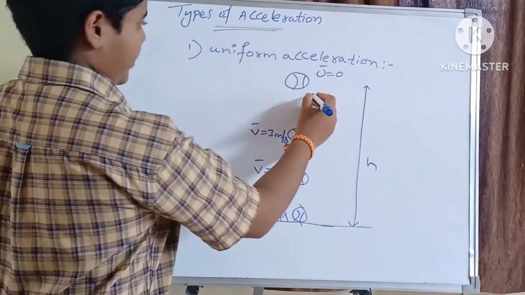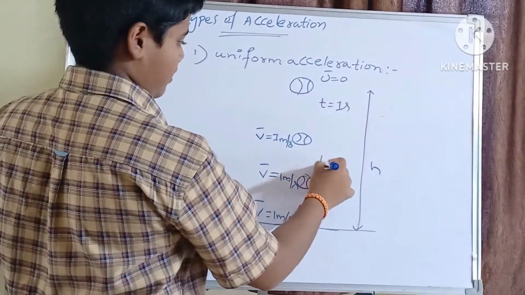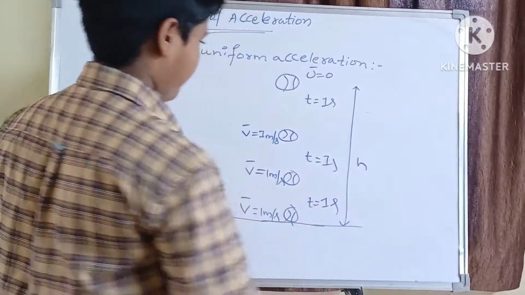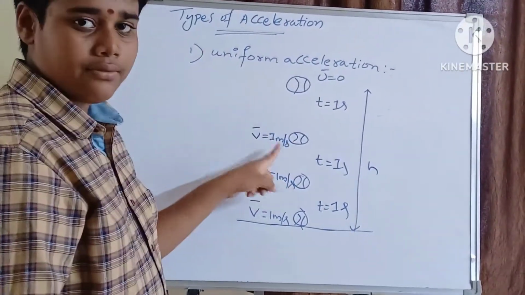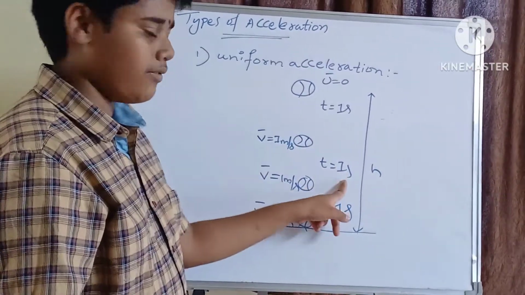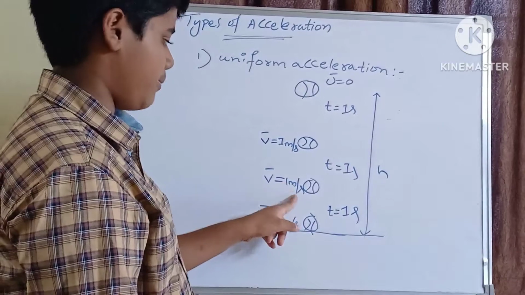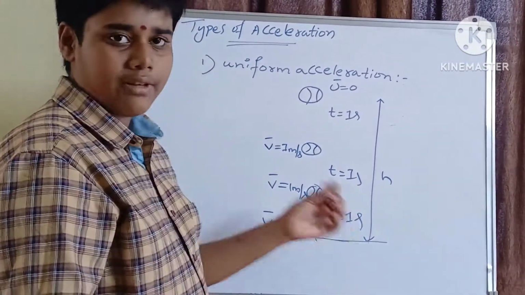The time is 1 second in each case. The initial velocity is 0, and the velocity is 1 meter per second in 1 second.